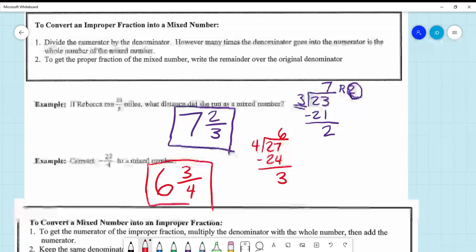Oh sorry, I almost forgot. This had a negative in it. So we can do the math as if it were positive, but then at the very end we'll just put a negative sign out front. Negative 6 3/4.